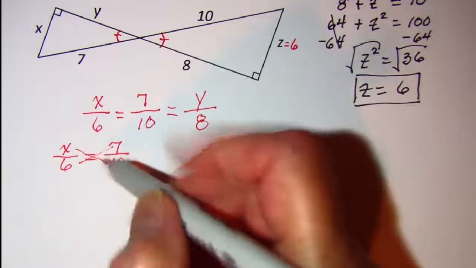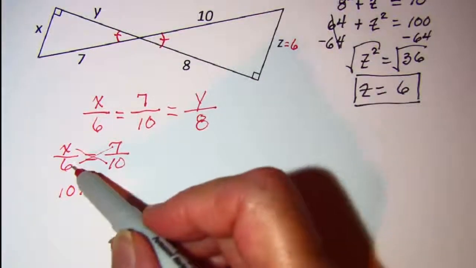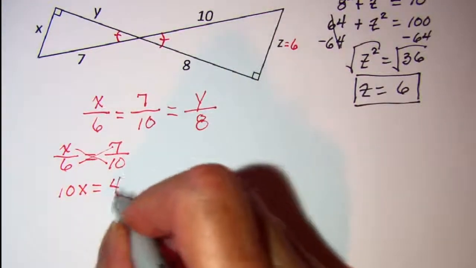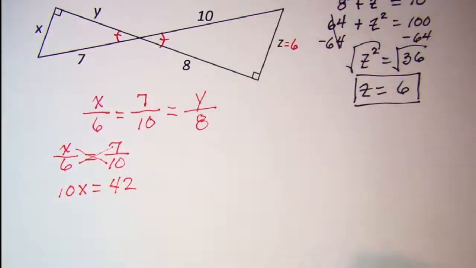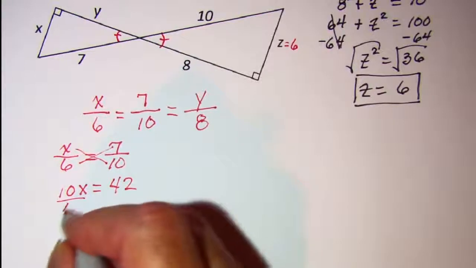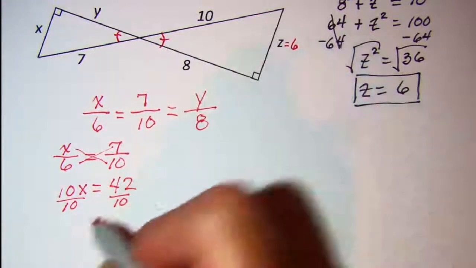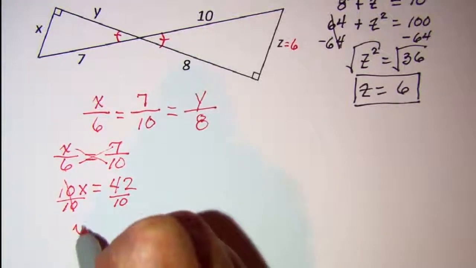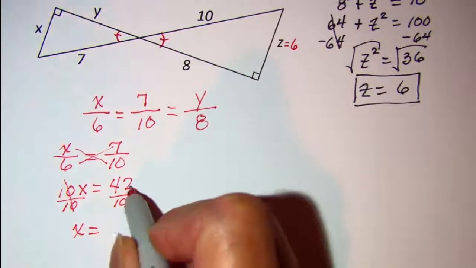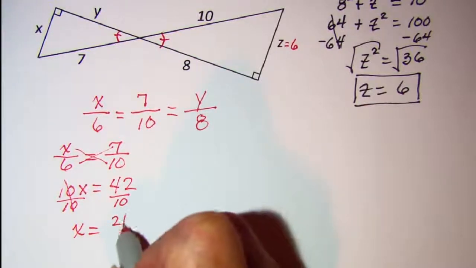So x times 10, and then 6 times 7. Divide both sides by 10, and x is equal to 42 over 10, which is 21 over 5.